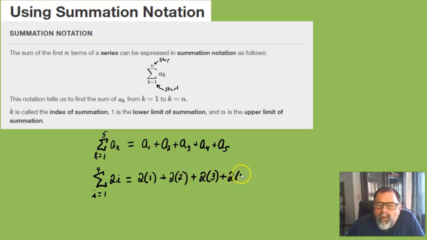So I stop at 4. So this will be 2 plus 4 plus 6 plus 8, which will get me 20. So that is the sum of the first 4 terms of that sequence. And that's what we call a series. So a series is just the sum of the terms of a sequence.